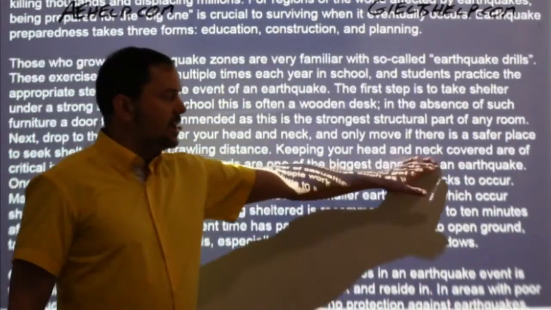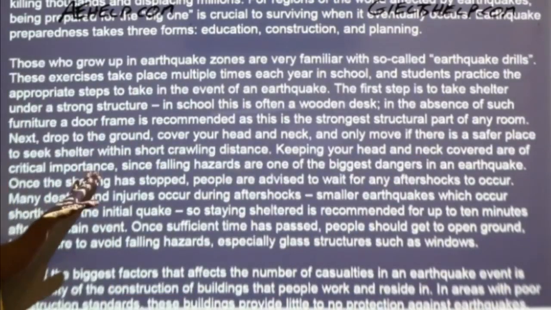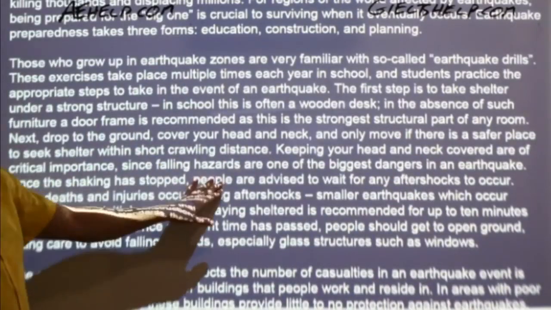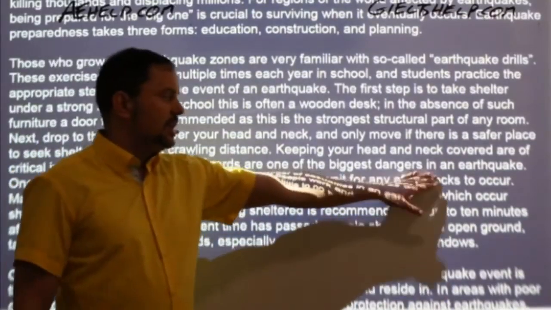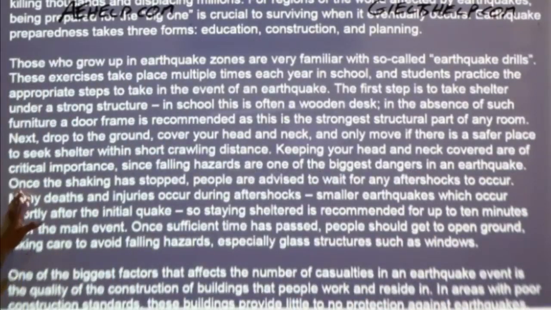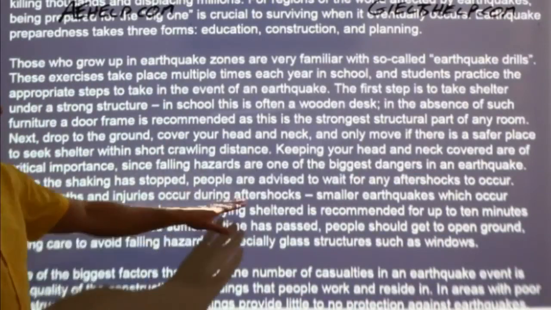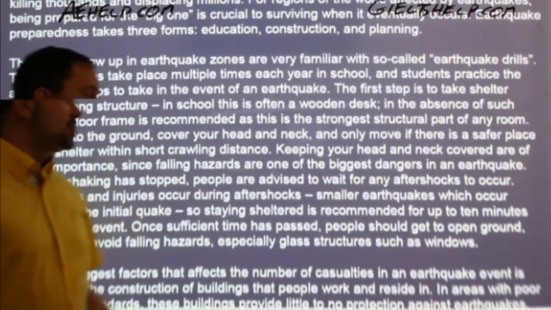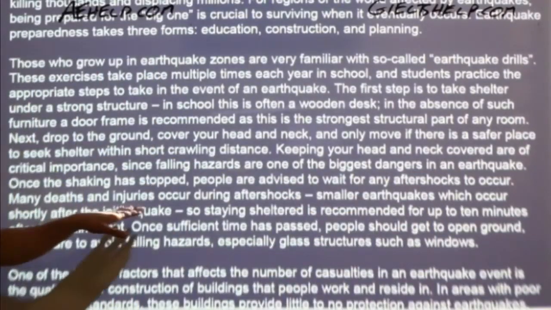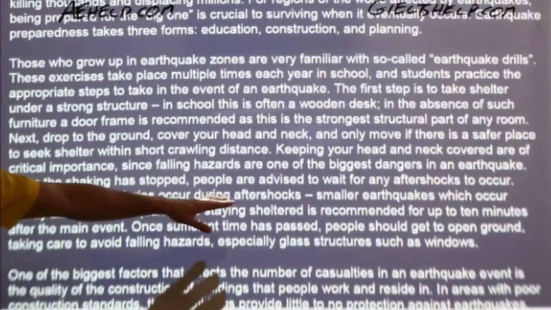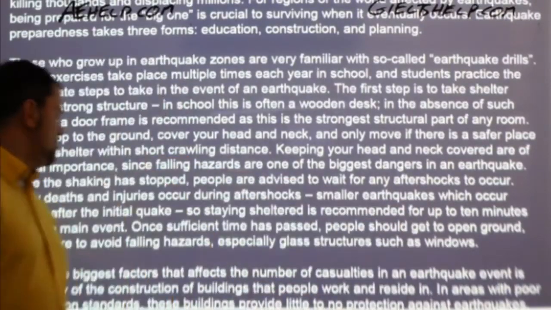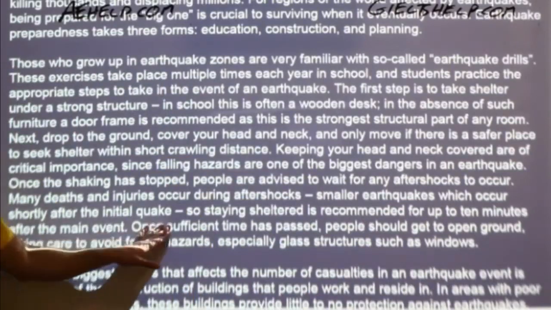Keeping your head and neck covered is of critical importance since falling hazards are one of the biggest dangers in an earthquake. Once the shaking has stopped, people are advised to wait for any aftershocks to occur. Many deaths and injuries occur during aftershocks, smaller earthquakes which occur shortly after the initial quake.